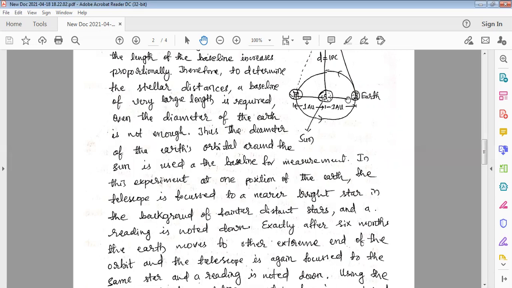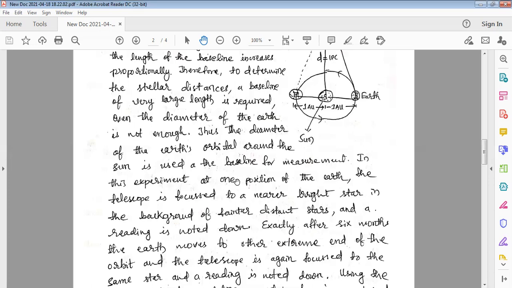In the diagram I have shown here, sun is here, this is the earth, this earth is rotating around the sun, so this is the orbit of the earth. We are thinking that this orbit is a circular one, which is actually not exactly circular, but just for approximation, I will think that this orbit is circular, and the diameter of this circular orbit is like this.